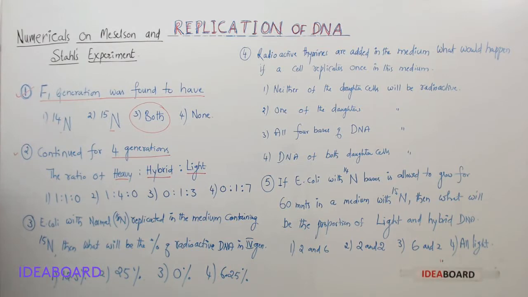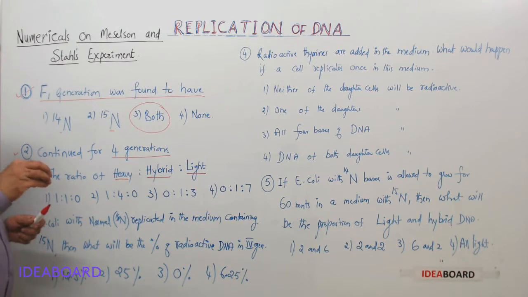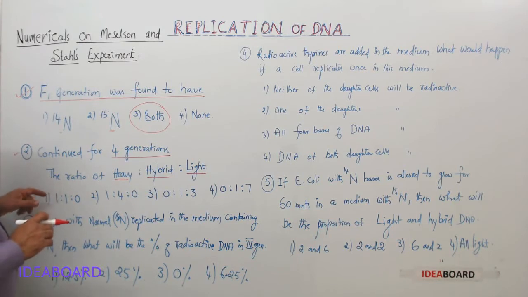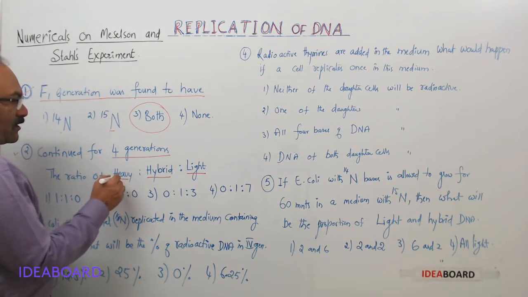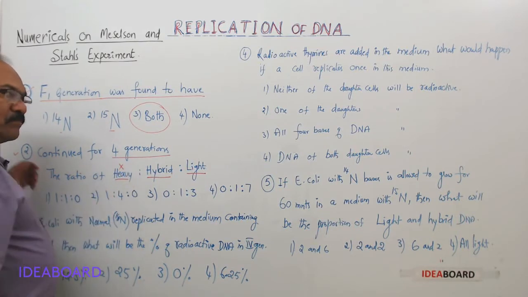And don't forget that the E. coli with heavy DNA is cultured, that means actually it is transferred into the medium containing N14. So in the first generation, you got all hybrid DNAs, and then always there will be two hybrid DNA, and the rest are all light DNAs. So I gave you already that hint. So that's why it is not a 1:1:0 ratio, because you won't get this heavy DNA.